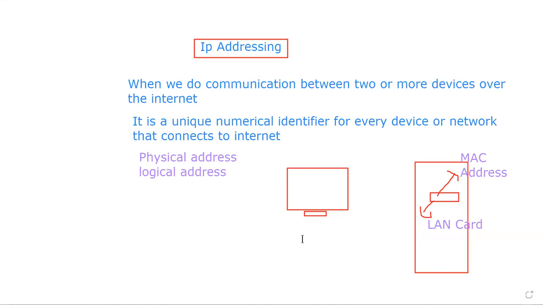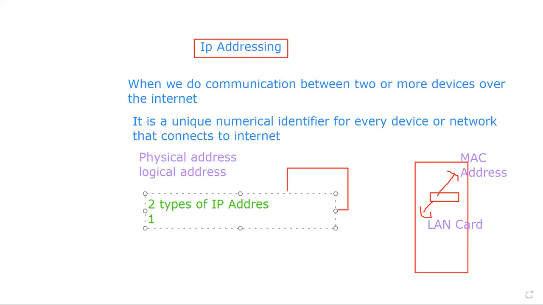So we also have two types of IP address. First is IPv4 and second version is IPv6.